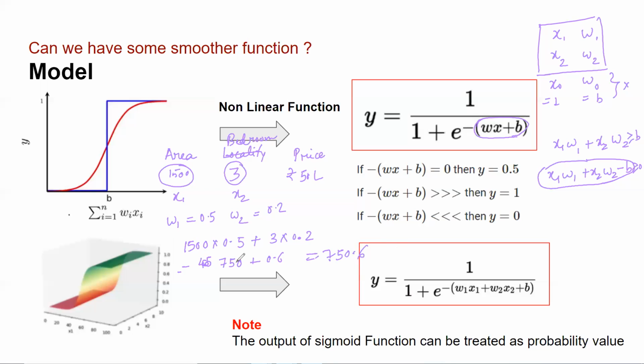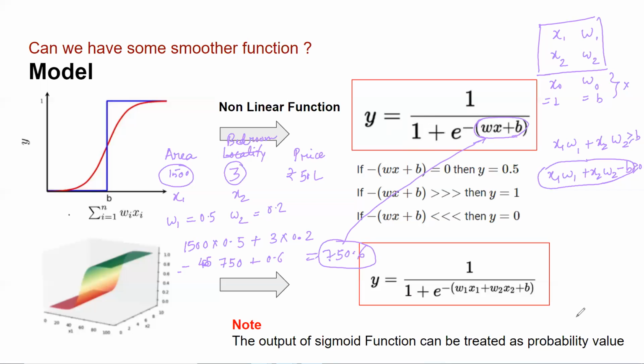This is what you have got after doing the weighted sum. This value you have to put here, and this y will be a value which will always range between 0 and 1. Is it clear to you now?